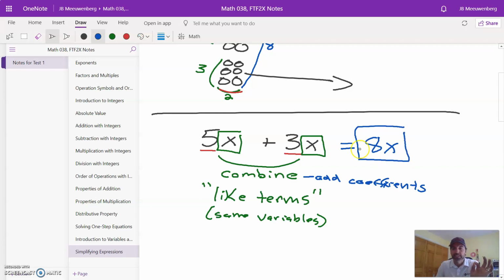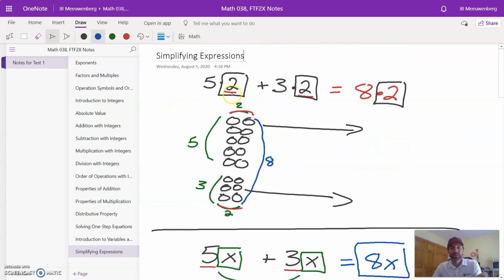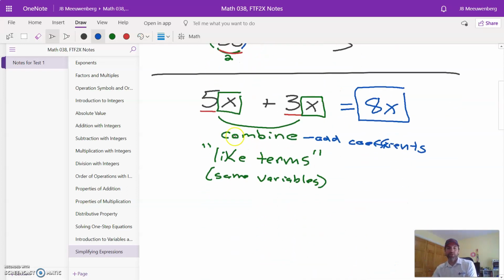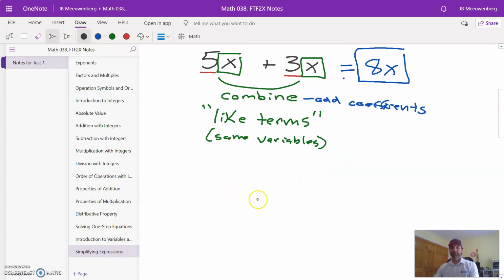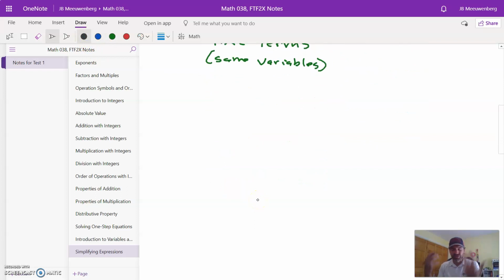That's the exact same thing we did right here, because these were the same, we could add the 5 and the 3. 5 times 2 plus 3 times 2 is 8 times 2. 5 times x plus 3 times x is the same as 8 times x. Okay, so that's the introduction. That's the idea of simplifying expressions by combining like terms.